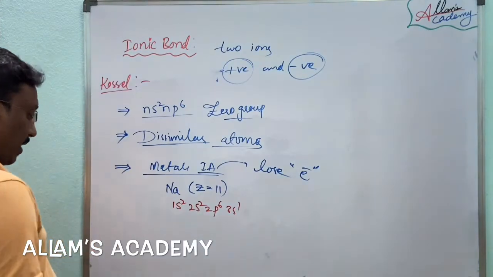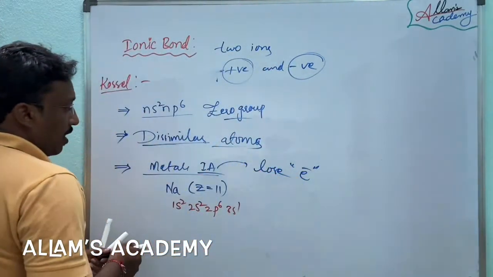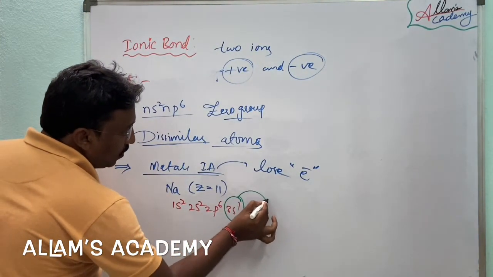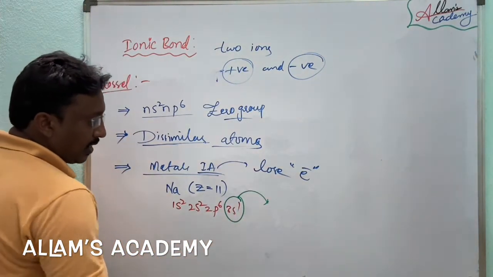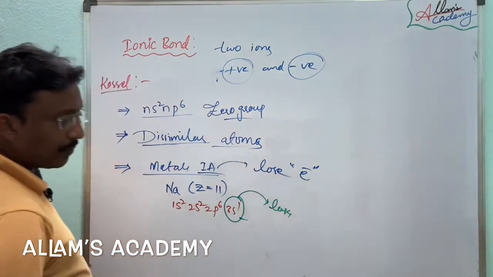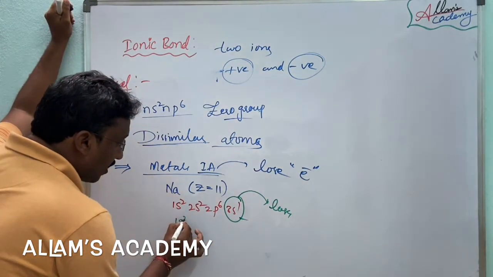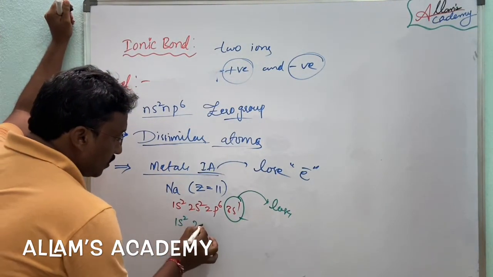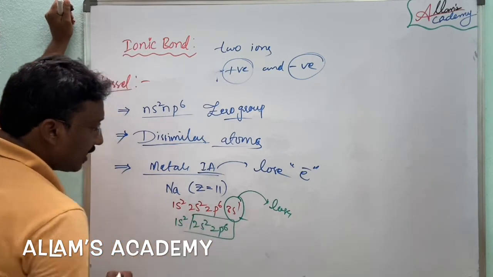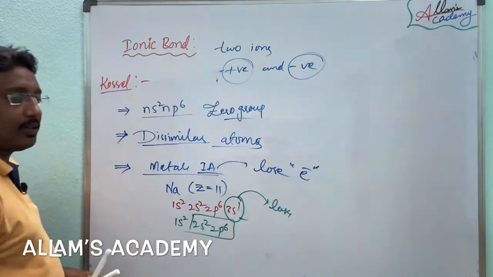It is trying to lose this one electron, and then it gets the stable electronic configuration 1s2, 2s2, 2p6. It gets the octet electronic configuration. So here, how many electrons has it lost?